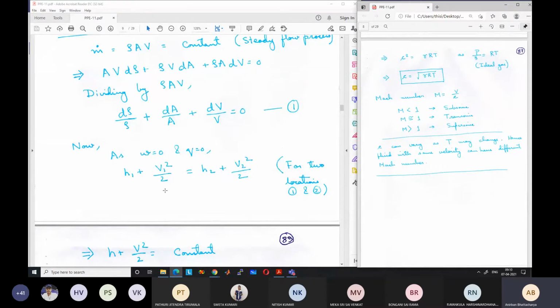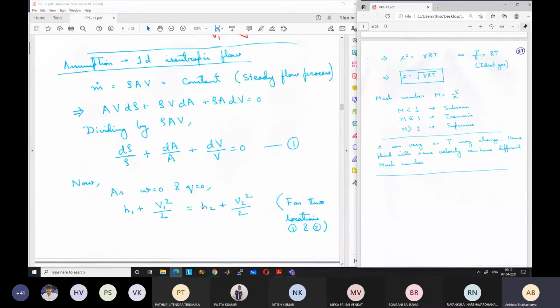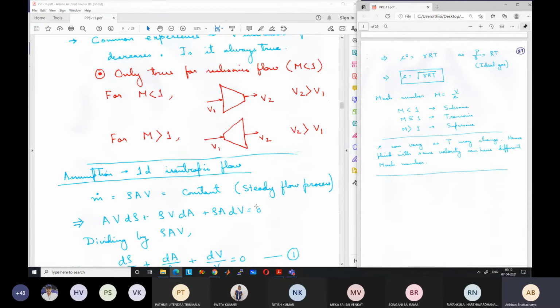The second equation is our first law equation. For a nozzle, you know that work transfer is 0, and heat transfer is 0, since it's an isentropic process, Q is 0. If we ignore the change in potential energy, we are just left with enthalpy and kinetic energy. So H1 plus V1 square by 2 equals H2 plus V2 square by 2, for any two locations, like the inlet and outlet, or any other two locations. So ultimately H plus V square by 2 is constant in the nozzle.